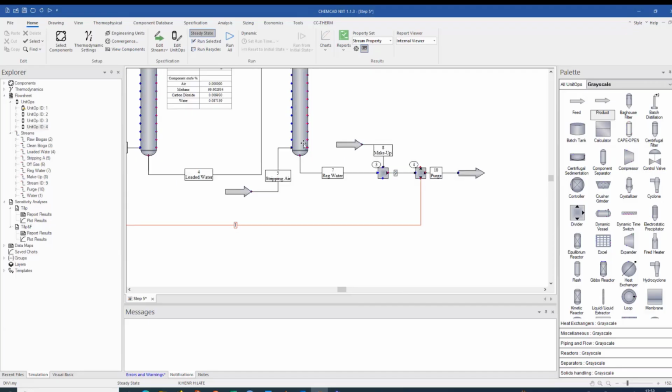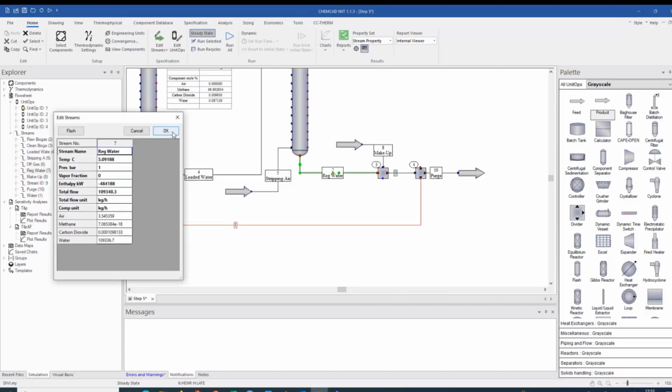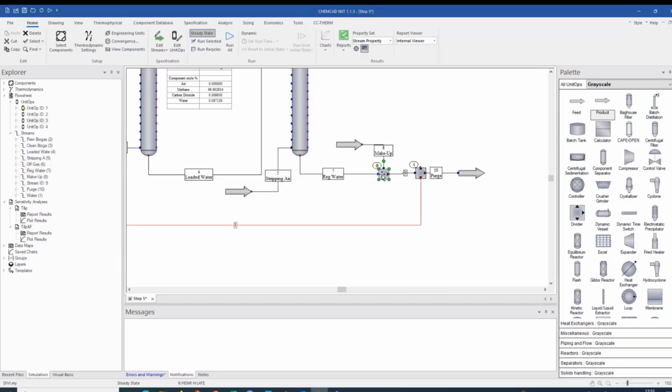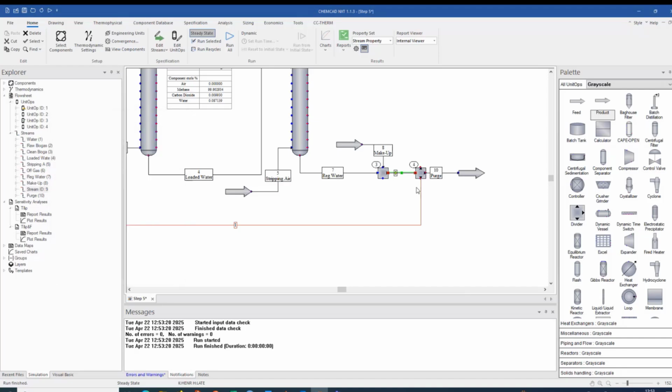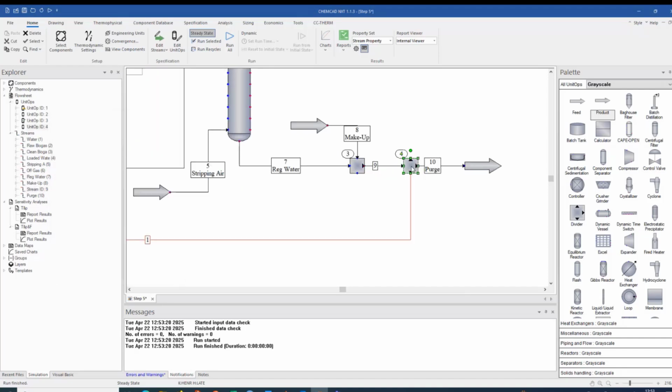Okay, let's calculate the units step by step. So here we have our regenerated water. Now we run this, fill up our stream with the makeup water. So let's see that we have sufficient water in this case. And we have 110.34 cubic meters per hour.